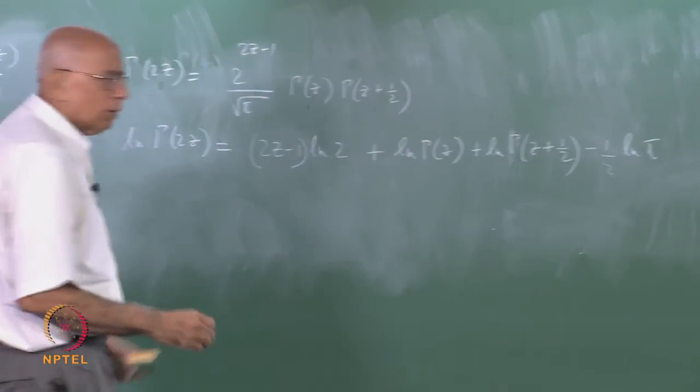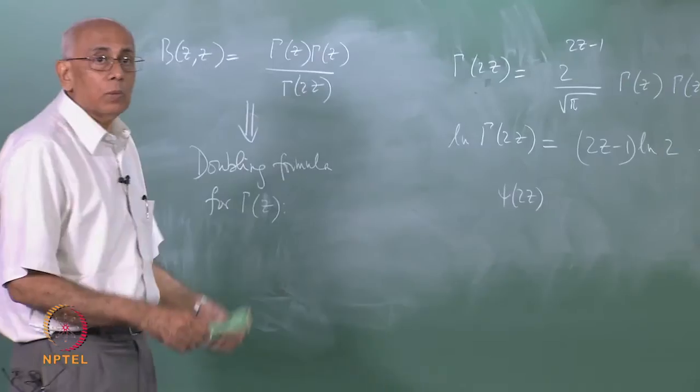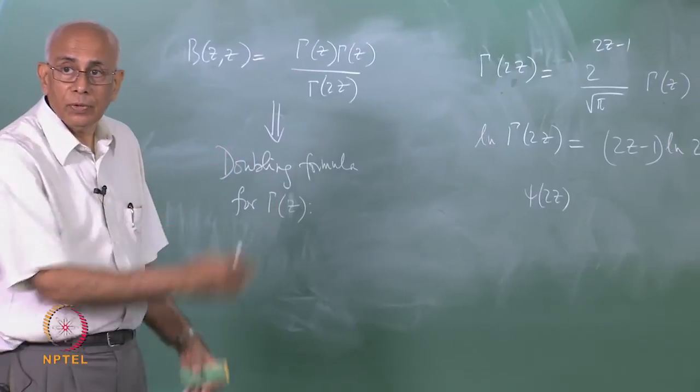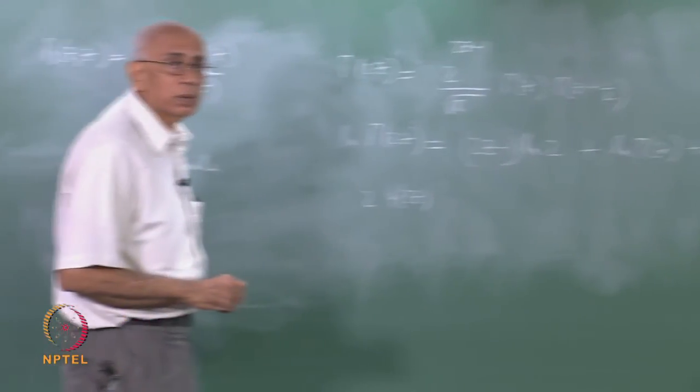Okay. And now I differentiate, etc. So, you are going to get on this side a psi of 2z out here, 1 over this stuff here, and then I differentiate this guy with respect to z, and there is going to be a factor 2 on this side.